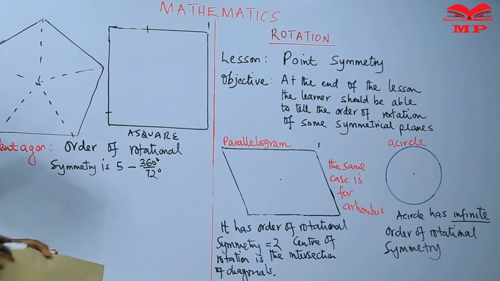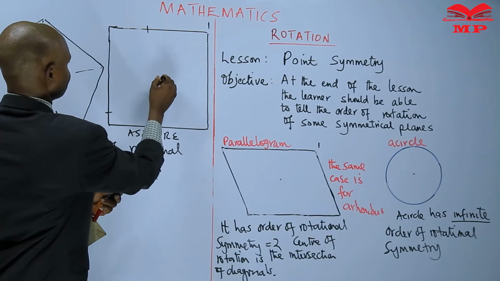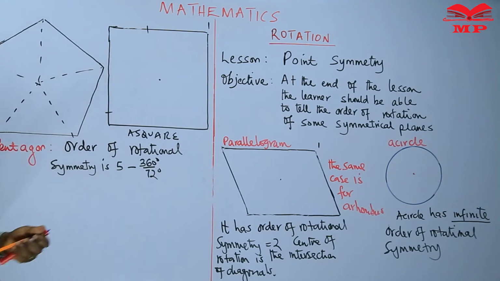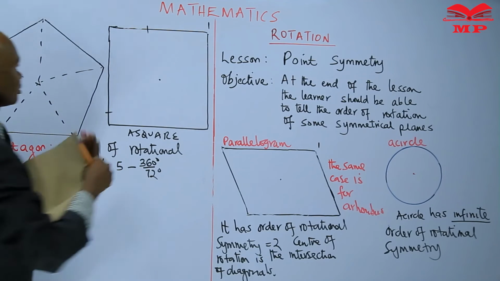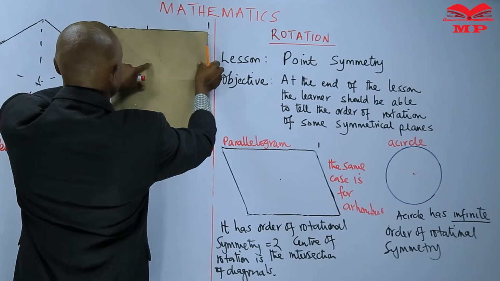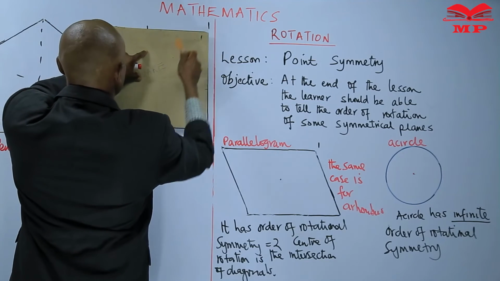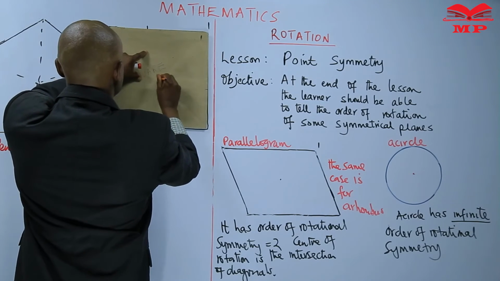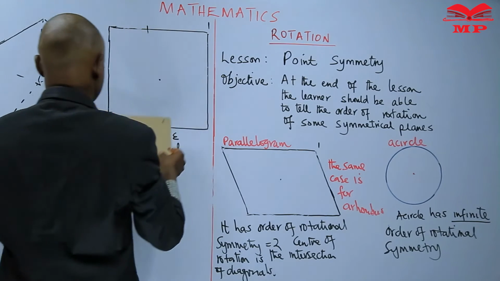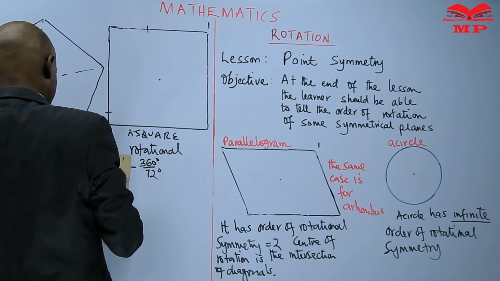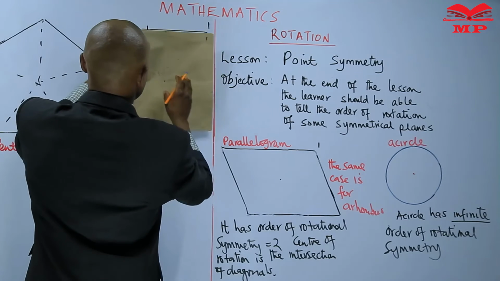We just want to know it has how many orders of rotational symmetry. So we shall go to a rotation, learner. So I use this one so that you'll be counting until that one comes there. We shall note how many rotations. So I begin.